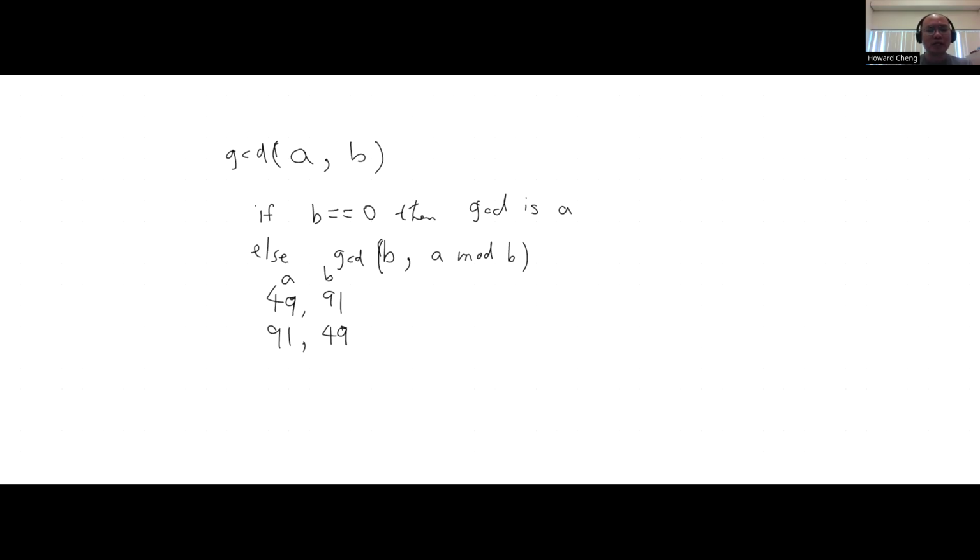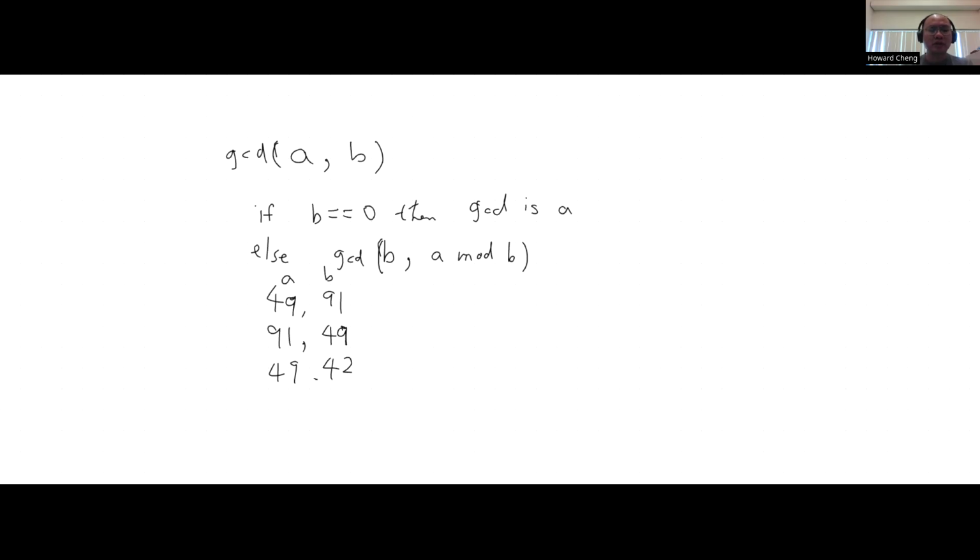If B is actually bigger than A, the only thing it does is swap them. Now the next step, put 49 back over here, but now you replace 49 by 91 divided by 49 and take the remainder, and it turns out to be 42.